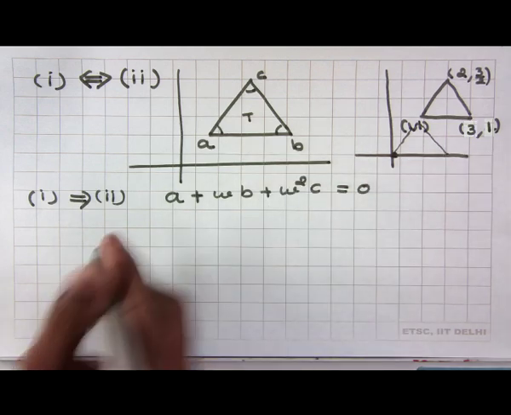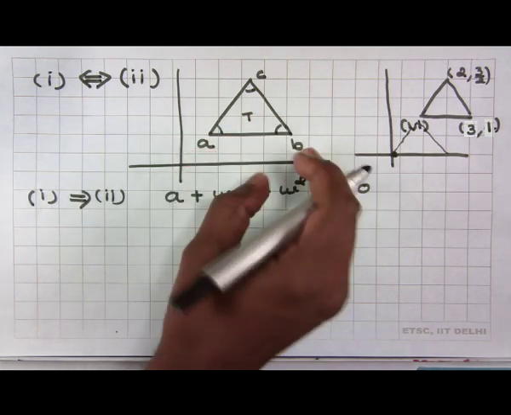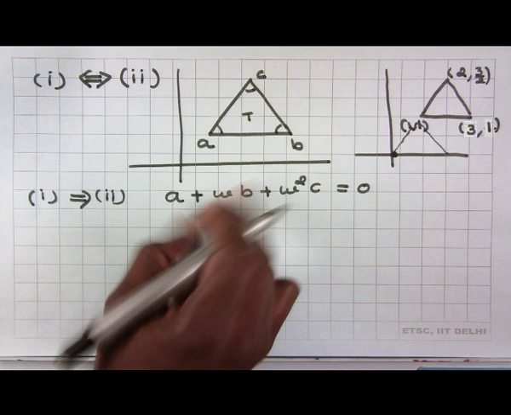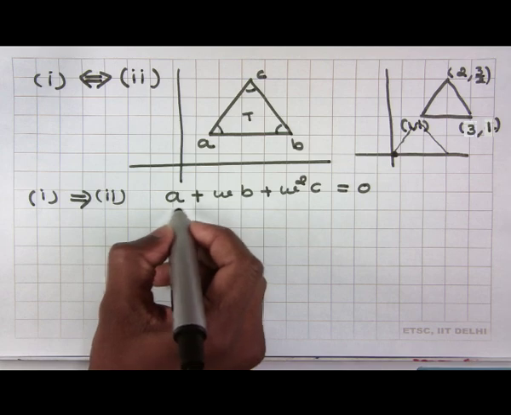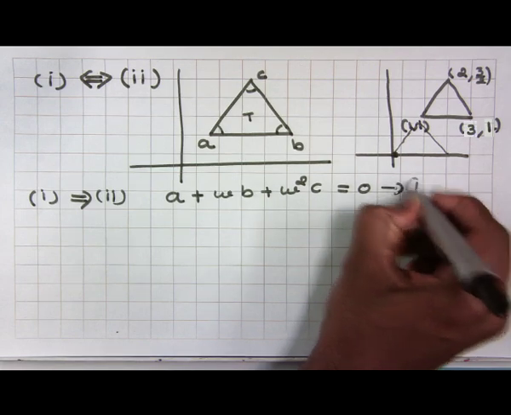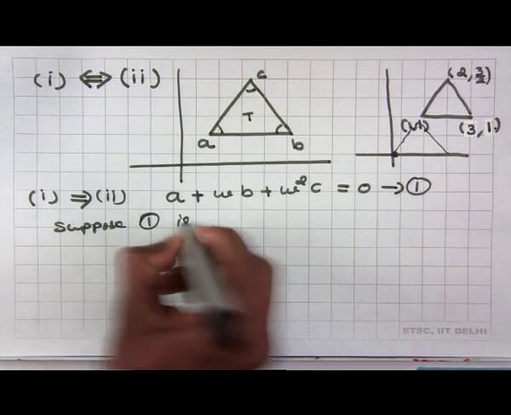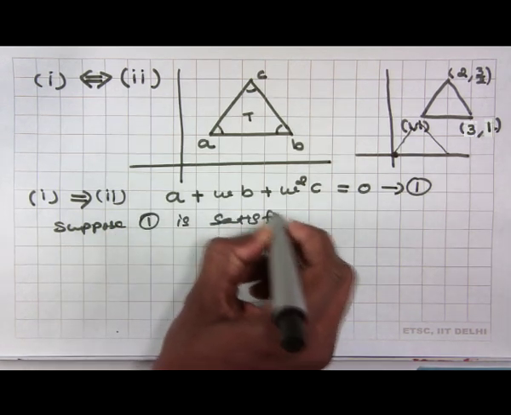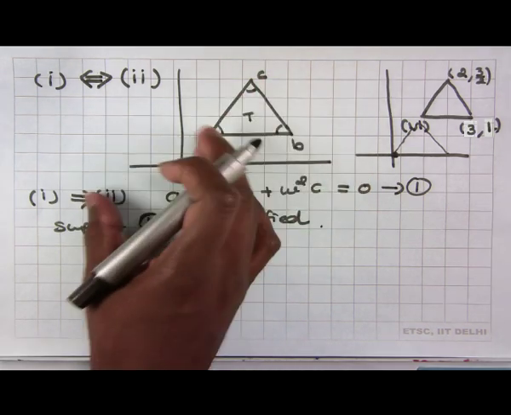Okay. So, what I want to see is whether, if I shift, this equation will still be invariant. That is, suppose equation 1 is satisfied, then will it also be true for the other triangle, which was moved to some other point?